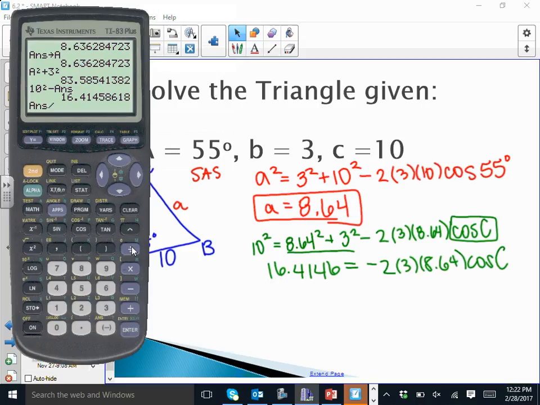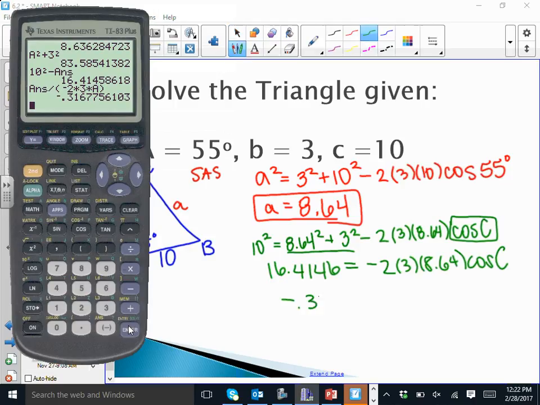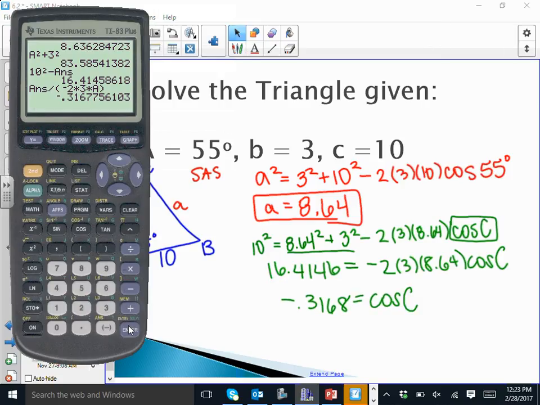I'm going to divide by the quantity negative 2 times 3 times A. Now, if you want to use 8.64, that is fine, but I'm showing you a way to use your calculator to where you could be exact. Okay? So now that we have negative 0.316, which equals the cosine of C, how do we get angle C?